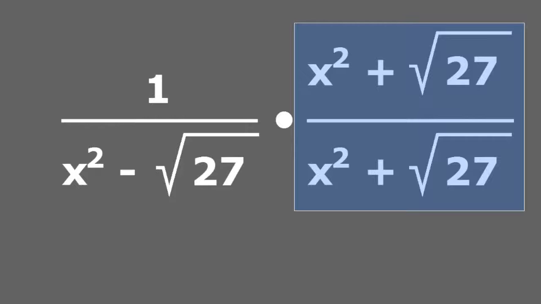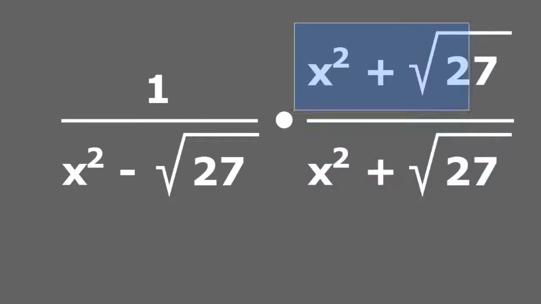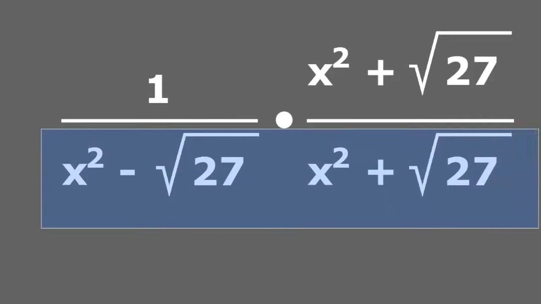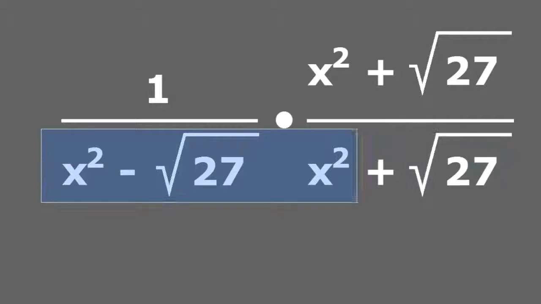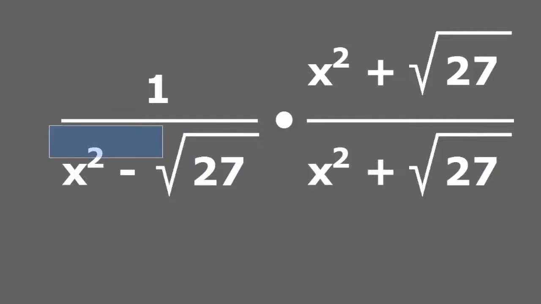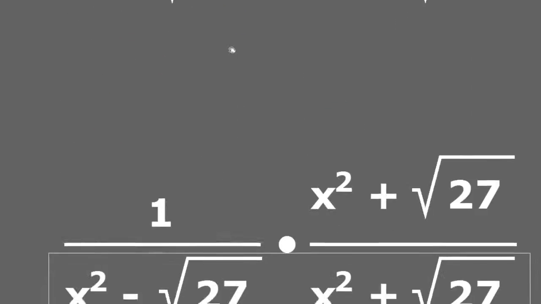That's why this is allowed to be done. Now, the reason I do all of this, as I said in the beginning, is to remove the roots from the denominator. So let's proceed with the multiplication and the removal of this root from the denominator.